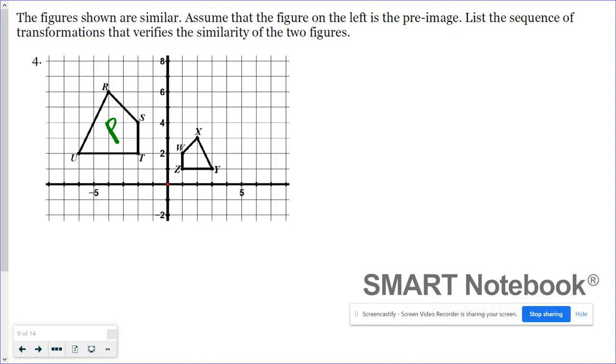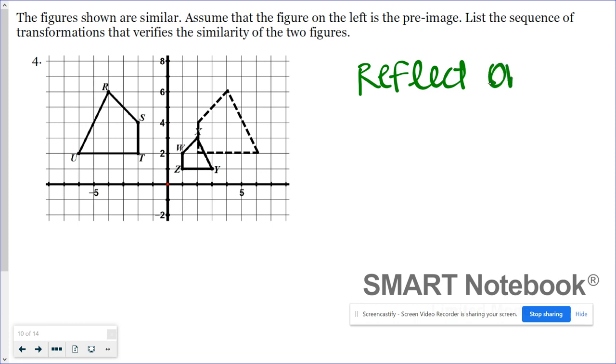So I would start by reflecting quadrilateral RSTU over the y-axis. So it looks like this, okay? So reflect over the y-axis. And then I would perform the dilation because there is clearly a dilation.